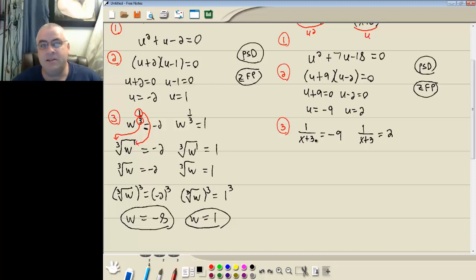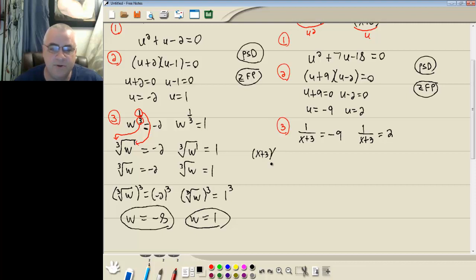Rational equation says get rid of parentheses, we don't have any. And then it says get rid of fractions. Part of it is you have to factor all of your denominators, but these are fairly simple, so we don't have to do any factoring. To get rid of the fractions, we multiply everything by the LCM of all our denominators. We only have one denominator, so that is our LCM. So we'll multiply both sides by x plus 3.